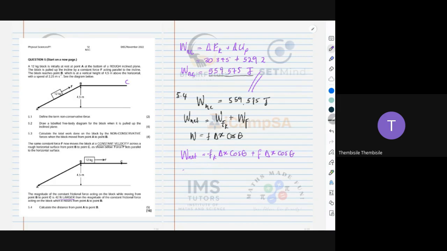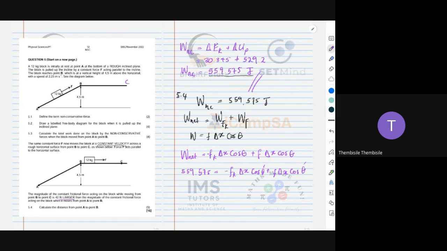So let's say 559.575 equals negative Fk times our displacement, cos theta, plus our force times displacement cos theta. Okay, then now we can work. So what is our theta?